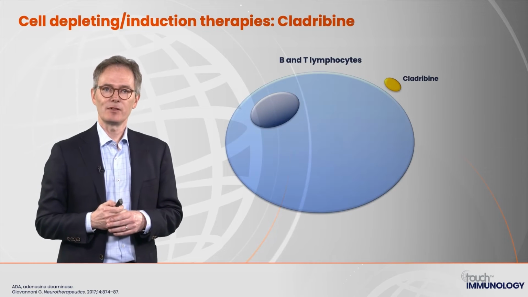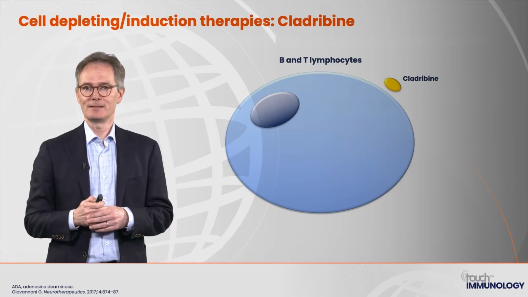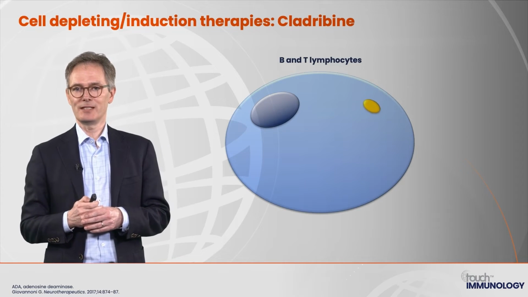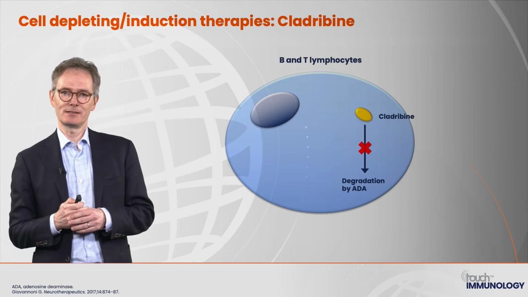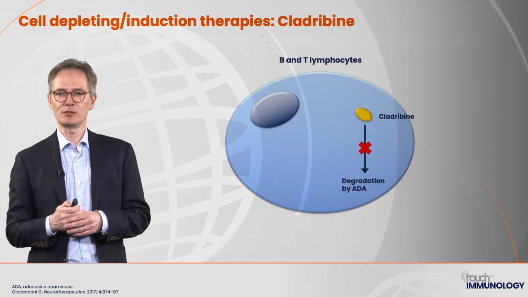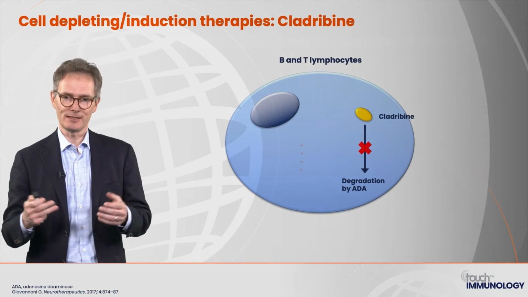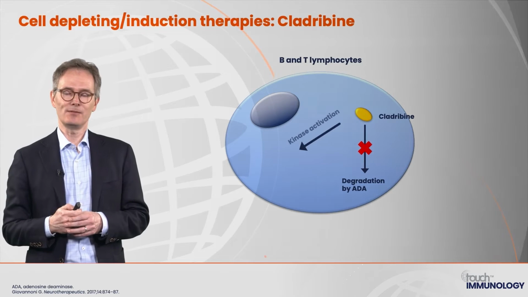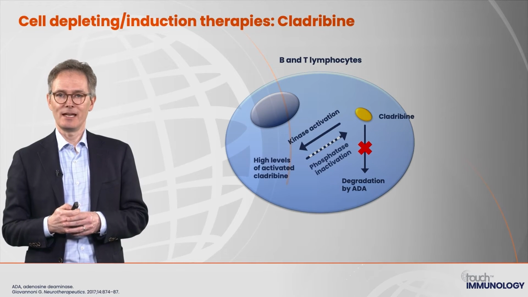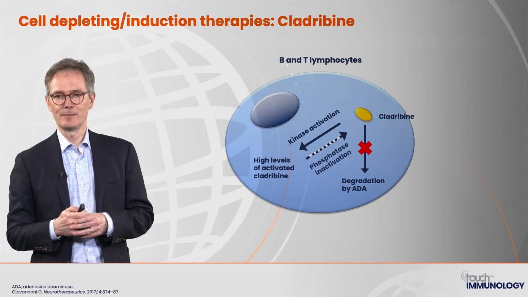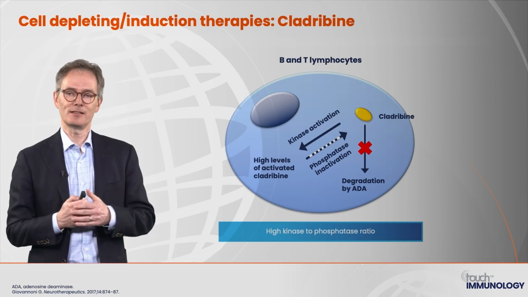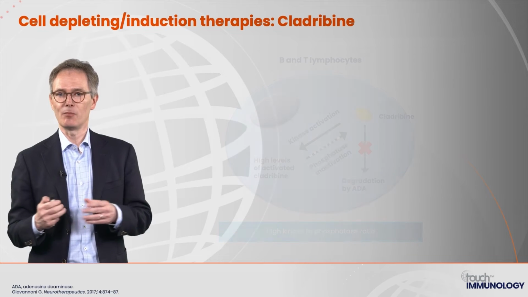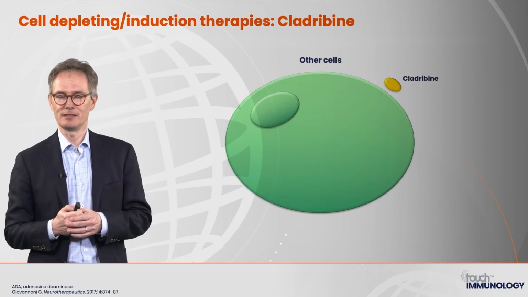Cladribine is one example for a depleting drug. It's a nucleoside analogon. It's taken up by many cells, and the drug is resistant to degradation by ADA, so it accumulates in the cells. It then can get activated by kinases and deactivated by phosphatases. The ratio between kinase and phosphatase indicates how much accumulates in the cell.